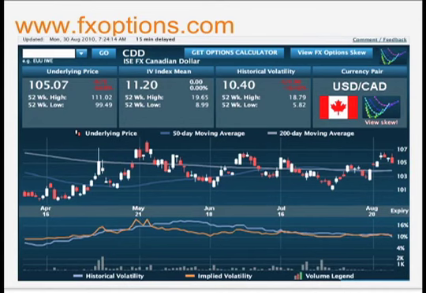Now, this is just a snapshot that I took yesterday of a page off of the fxoptions.com site. So you can see that we have a nice little chart. In this case, we're looking at the CDD right in here, and you can see that we have a nice little price chart, and we have a couple of moving averages in there.